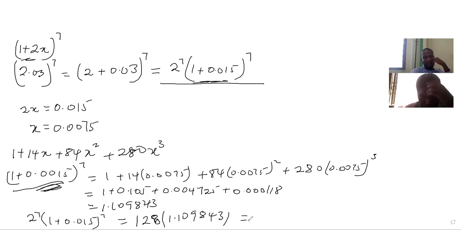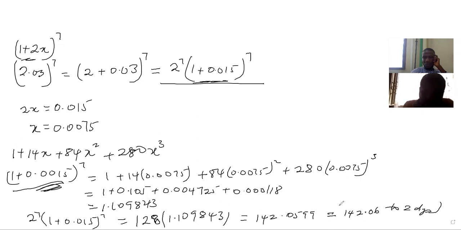And what did that give us? 142.0599, which to 2 decimal places will give us 142.06.